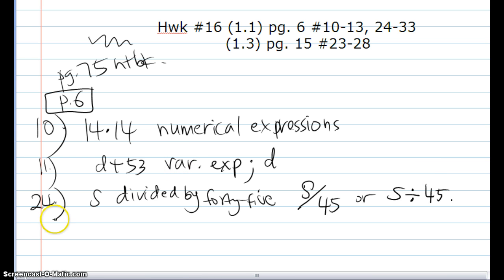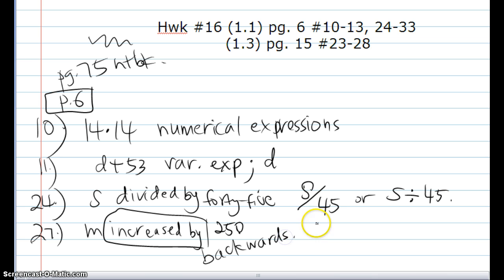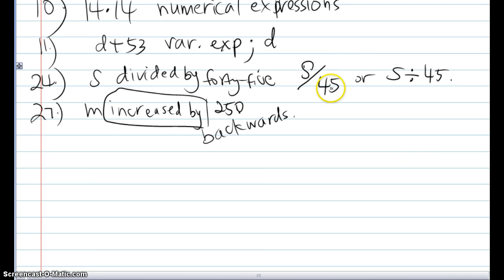I'm going to look at number 27. Number 27 says that a number M is going to be increased by 25. If a number is increased by another number, then increased by is also a backwards word, and there are a couple of backwards words which I want to review with us and maybe put into your notes, since we didn't get to add all of them today in class.